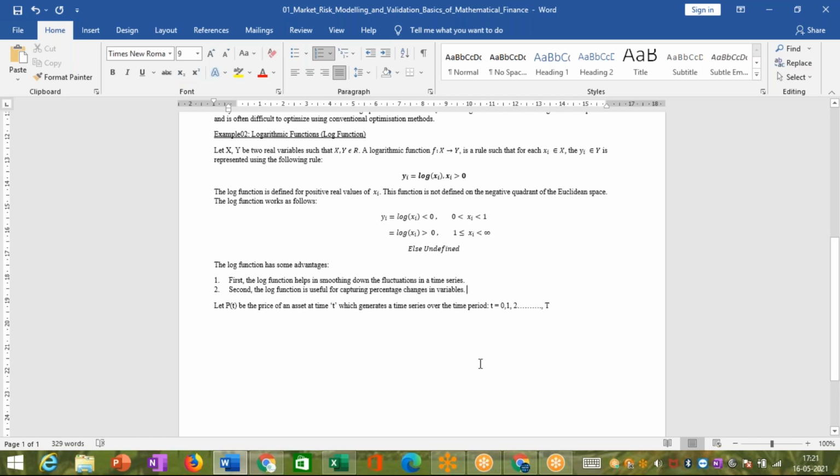So over here, what I'm saying is let PT be the price of an asset which generates the time series. So basically, for t equal to 0, the price is P0, then it is P1, P2, like this. It goes on. So you have a whole time series of prices, right?